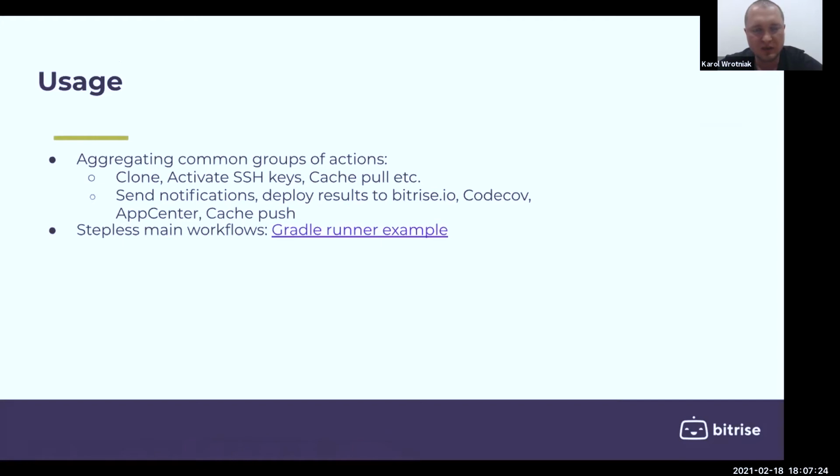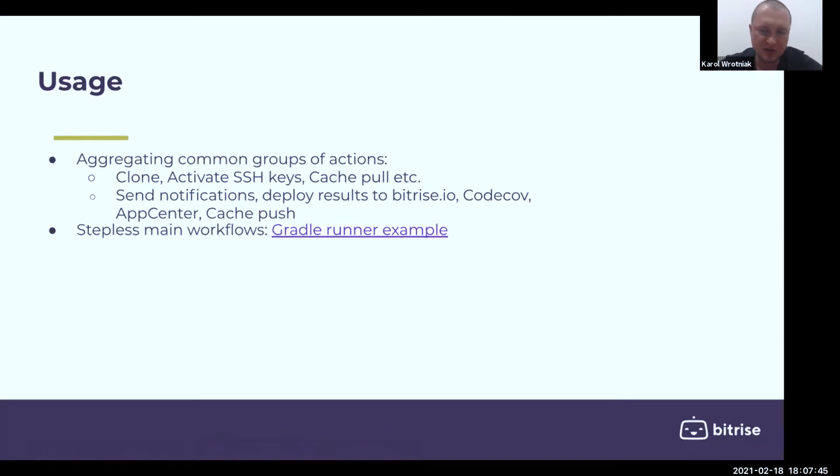And what can they be used for? Basically for aggregating common groups of actions, groups of steps, like git cloning, activating the SSH key for git connection, pulling the cache.